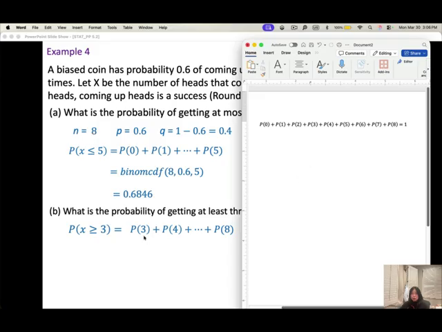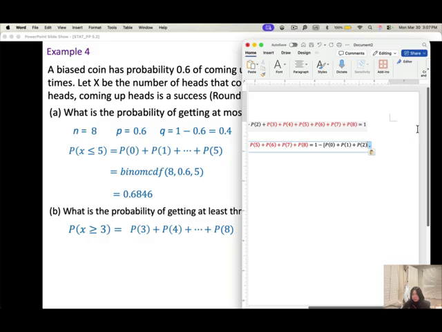Now we are looking for P of 3, P of 4, P of 5, P of 6, P of 7, and P of 8. This is what we're looking for. P of 3 until P of 8 will be equal to 1 minus P of 0, P of 1, and P of 2.